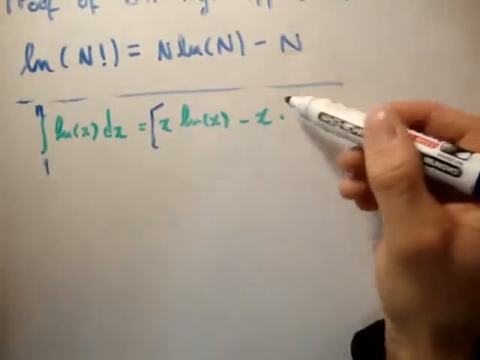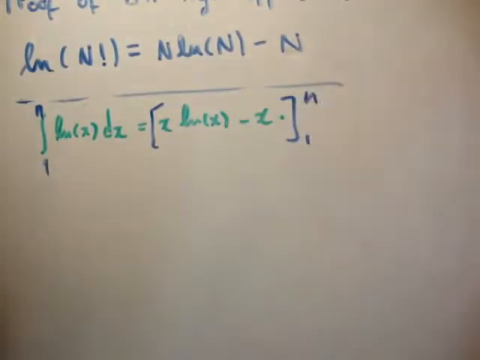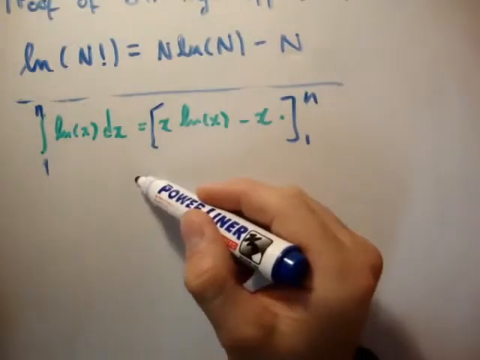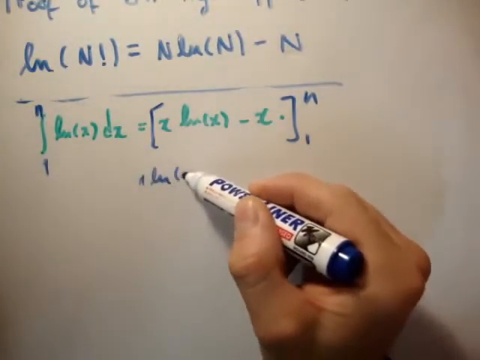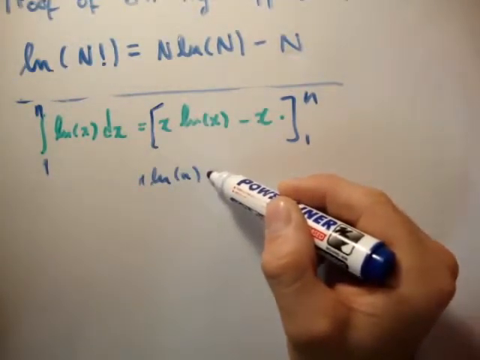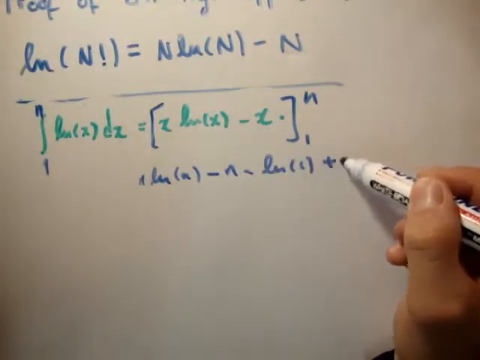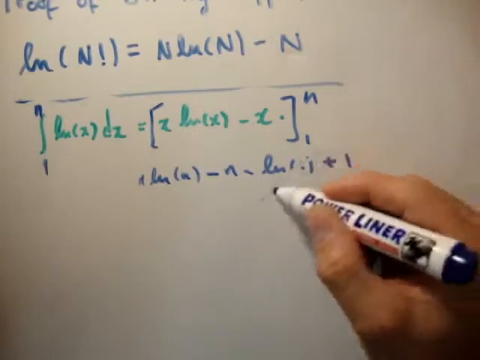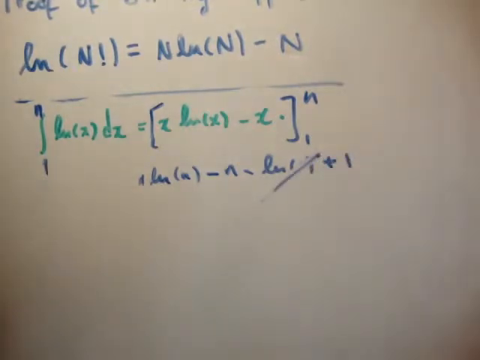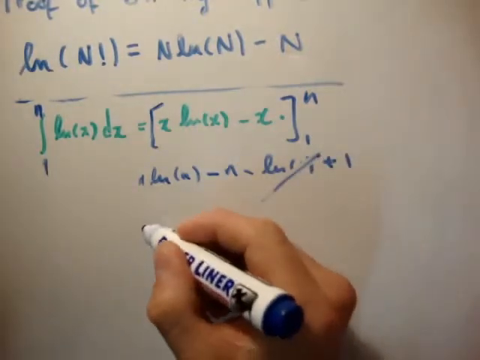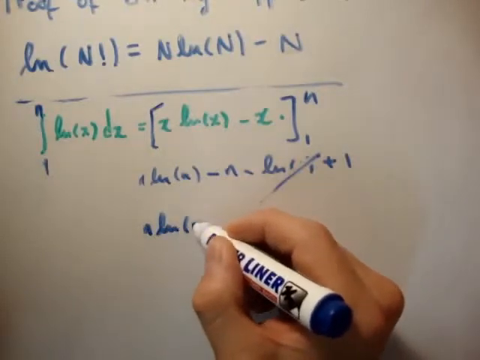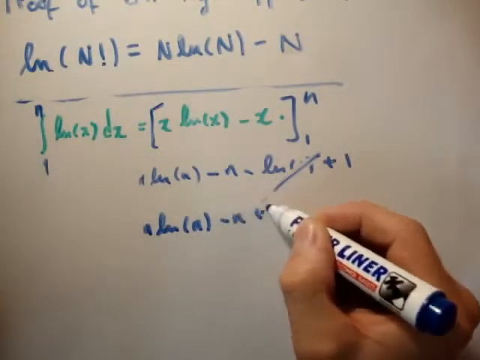So the steps here, we get n log n minus n minus the log of 1 plus 1. That's equal to 0, so we kill that, and then we're going to get n natural logarithm of n minus n plus 1.